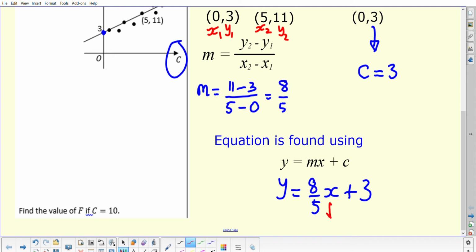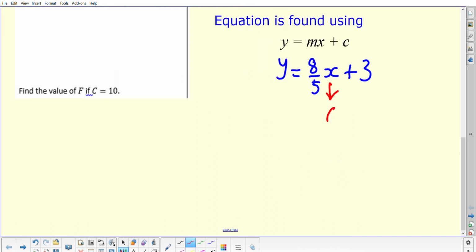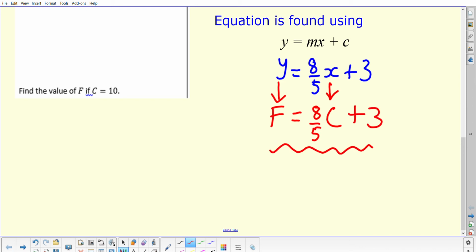The x is where I've got the c, and the y is where there is an f. Everything else remains the same, so it becomes f equals 8 over 5 c plus 3, and that would be the equation of my line. The last part of that question is that you're then asked to find the value of f if c is equal to 10.